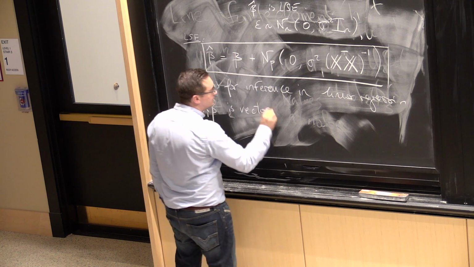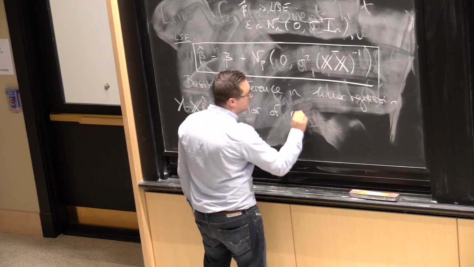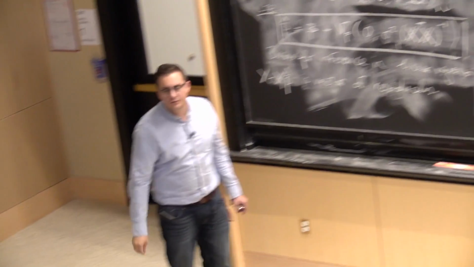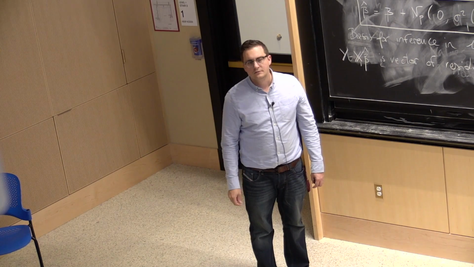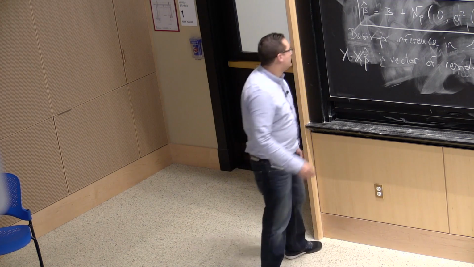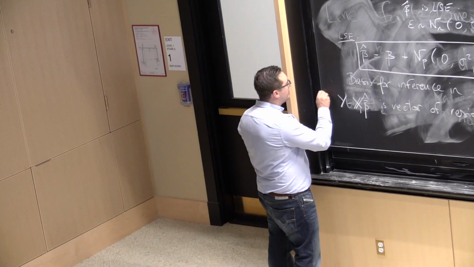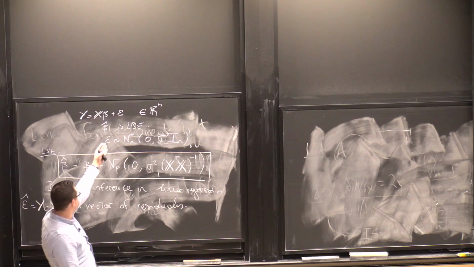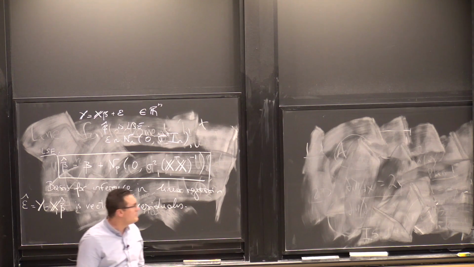So that's the vector of residuals. What's the dimension of this vector? N by 1, right? We can write those as epsilon hat. They're an estimate for epsilon, because we just put a hat on beta.